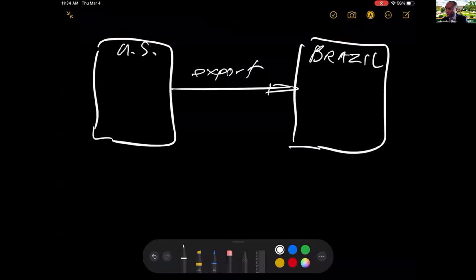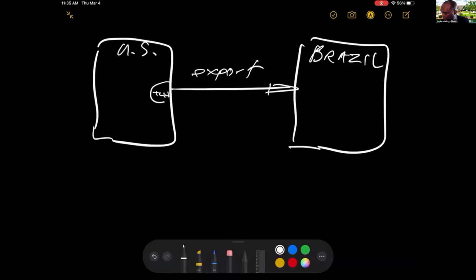But there are lots of ways that you can export. Of course, you can have your export department here in the US. Let's say we're in Tallahassee. Well, we probably, let's just say Jacksonville, since Jacksonville has ports.